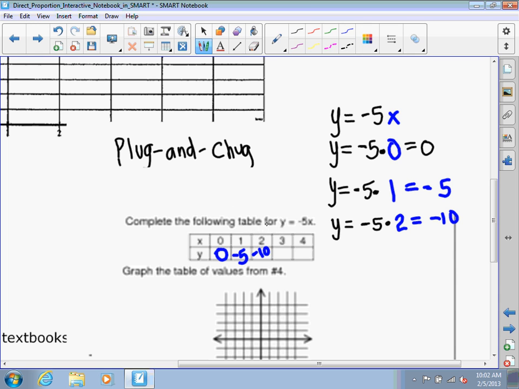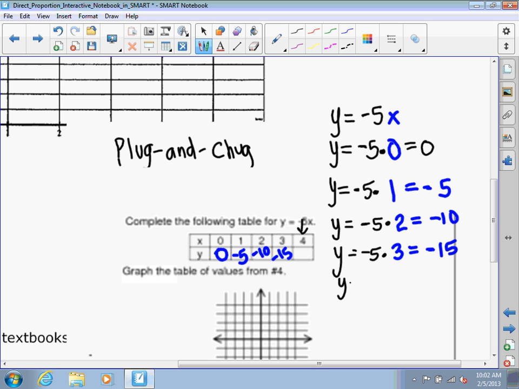Alright? The next number that we plug and chug is a 3. So y equals negative 5 times 3, which equals negative 15. So we get negative 15. And the last one that we're going to plug and chug is a 4.